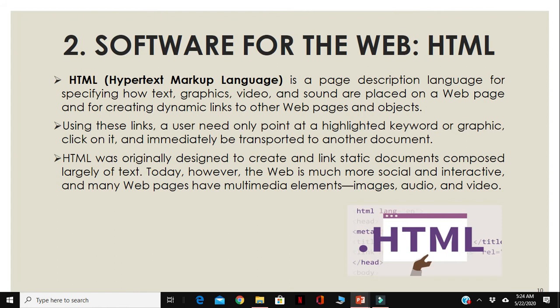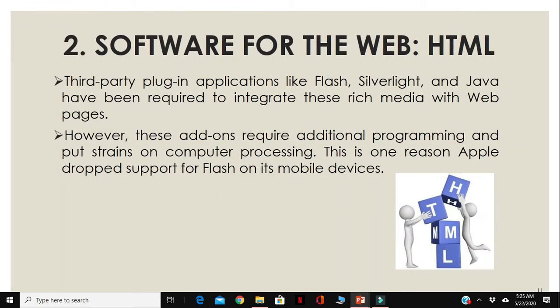Today, however, the web is much more social and interactive, and many web pages have multimedia elements which include images, audio, and video. For that purpose, we need third-party plugin applications like Flash, Silverlight, and Java to integrate these rich media with web pages.